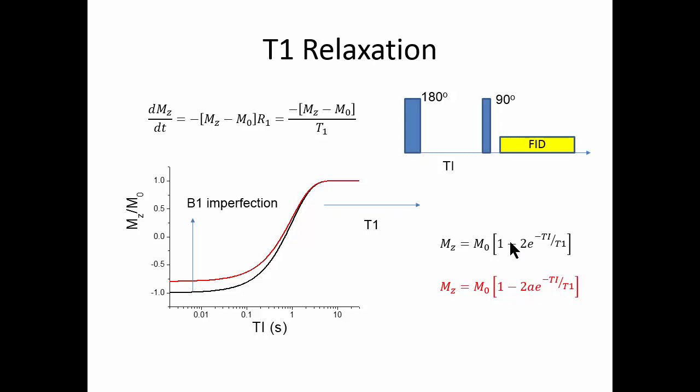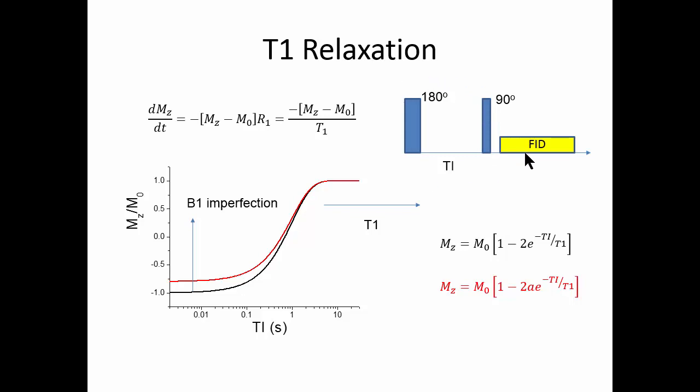If A is less than 0.7, you probably should come back and recalibrate your system because you really are dealing with huge B1 inhomogeneities. Nevertheless, you can fit it with 2 parameters, or you can even use this sequence, although it takes a very, very long time to actually map B1 inhomogeneities.